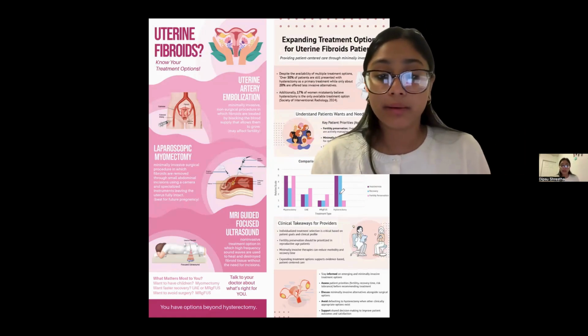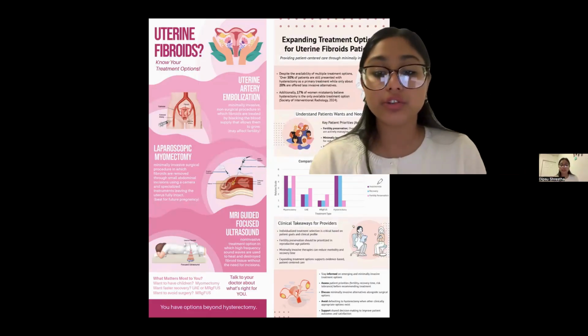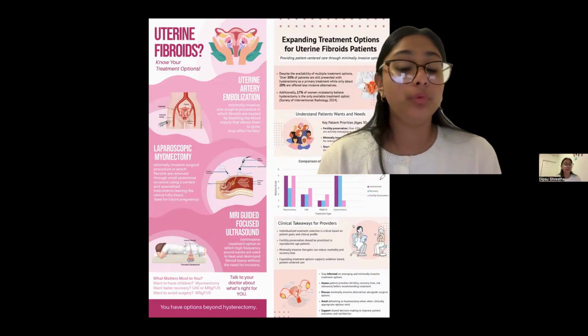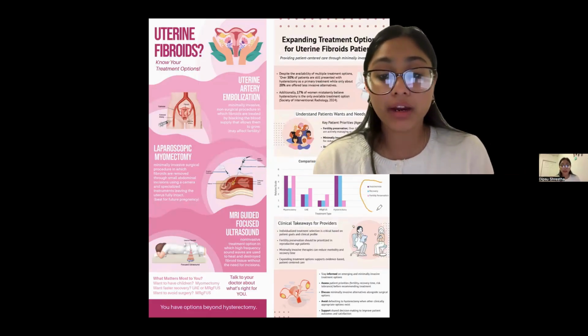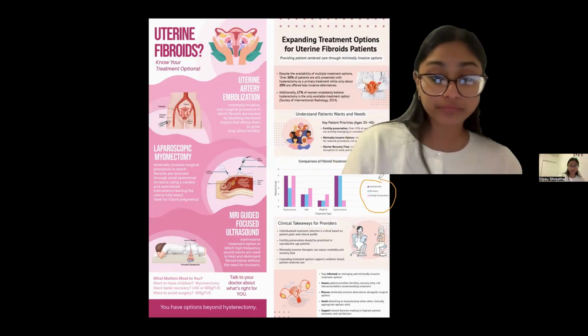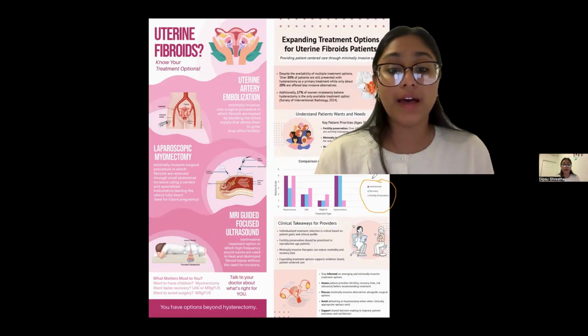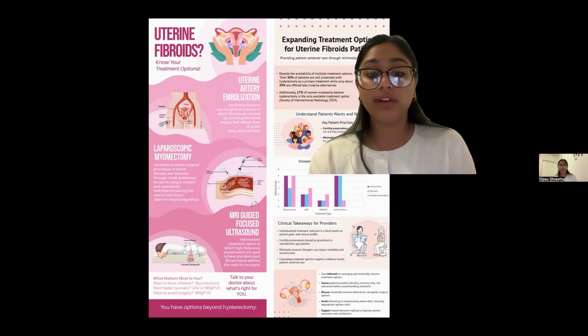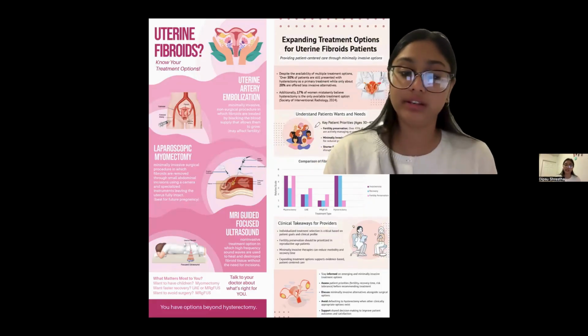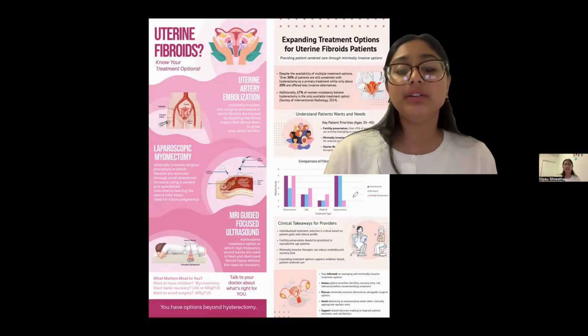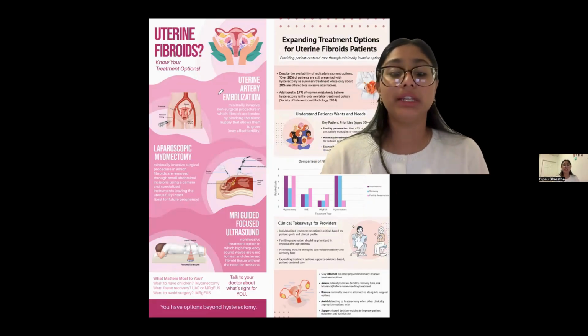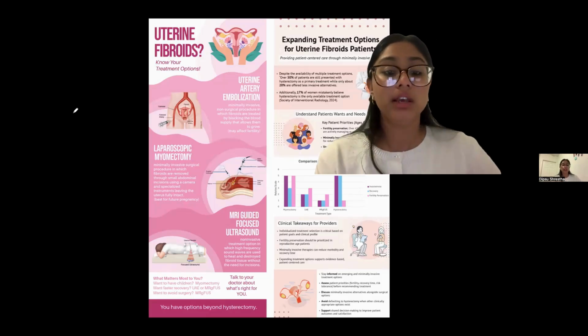I have made the bars so that we can easily compare the three values right here, which are invasiveness, recovery time, and fertility preservation. It allows providers to quickly evaluate trade-offs between options.